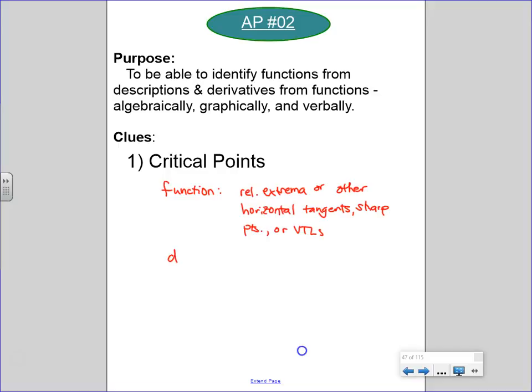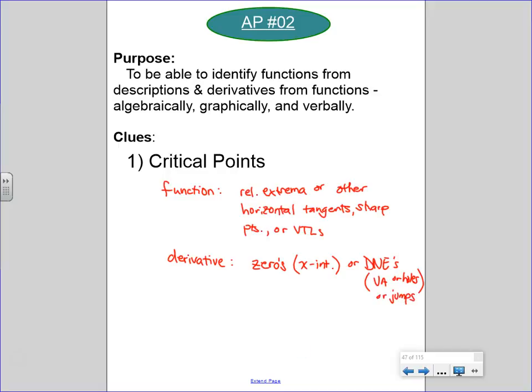If I'm looking at the derivative, how do I think about critical points of the original? Are they going to be zeros, aka x-intercepts, or DMEs, like maybe vertical asymptotes or holes, or jumps, I suppose.